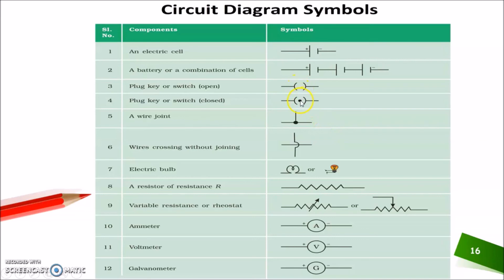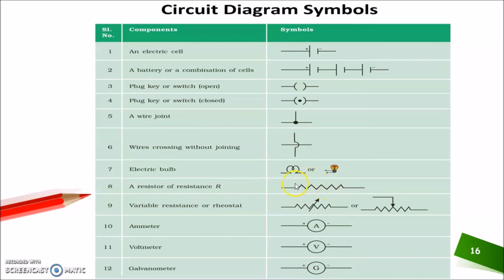If we put a dot here like this, then the circuit will be our complete circuit. Now current is able to flow. This is the wire joint circuit symbol, and this is the crossing over, and this symbol is of the electric bulb.